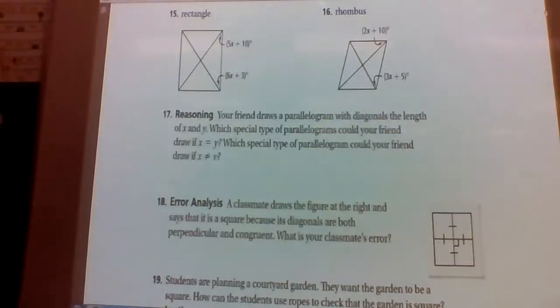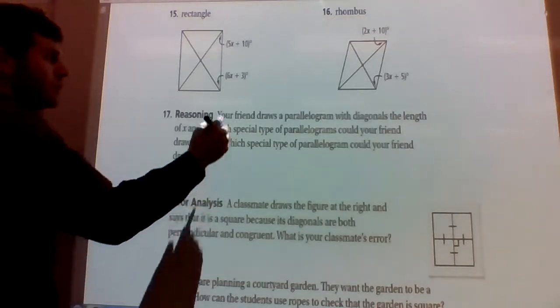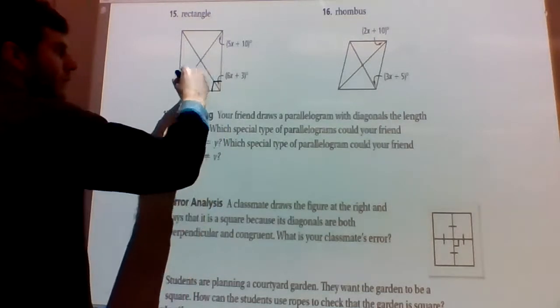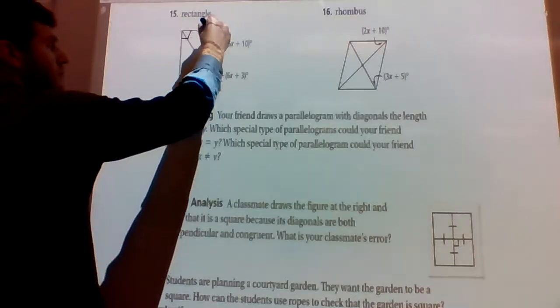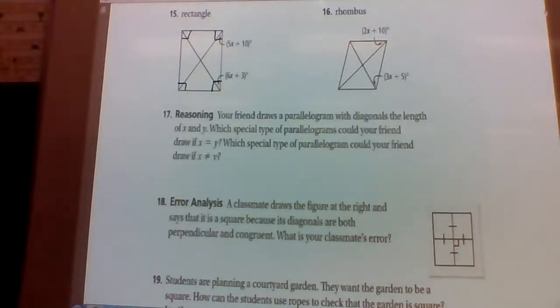Fifteen is a rectangle. Right. So we know we have 4 right angles. Again, we're inclined to maybe do the same thing we did on the last problem, but since we have a rectangle, we can't do that.